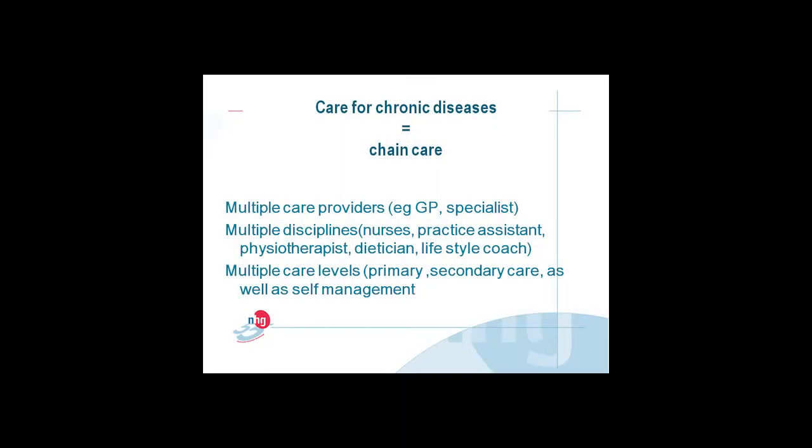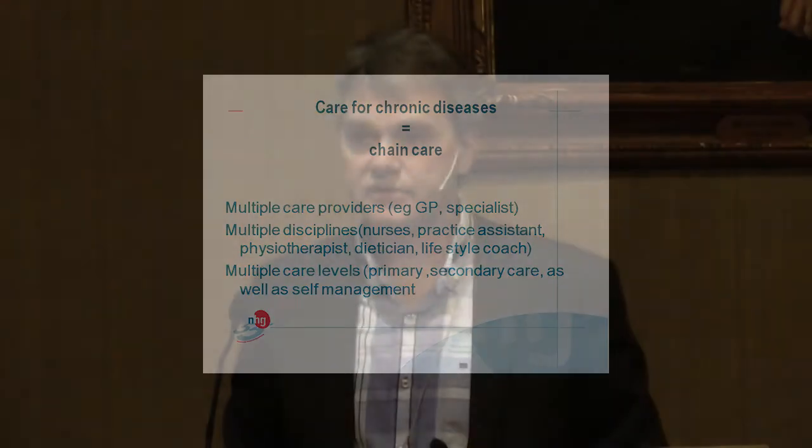We call it chain care because it has multiple care providers, multiple disciplines and multiple care levels, and all those different levels are connected to each other, and that's why it's called a chain. So you don't have the individual professional anymore, you have a professional working together with other professionals, and they have to deal with it together, and they also get one budget to get it done.